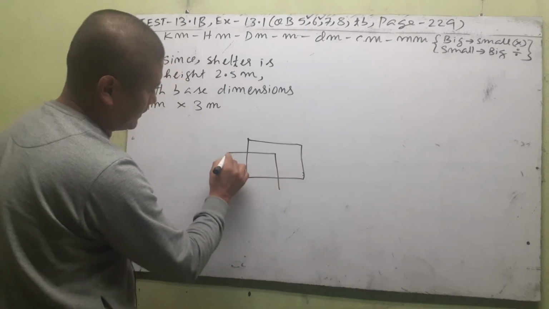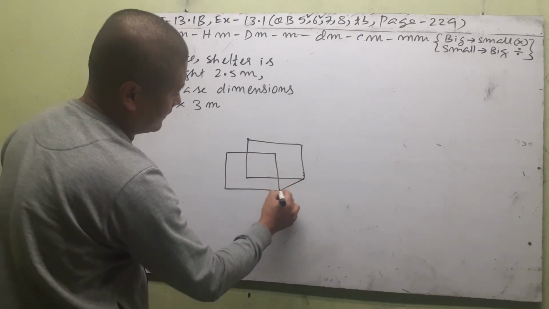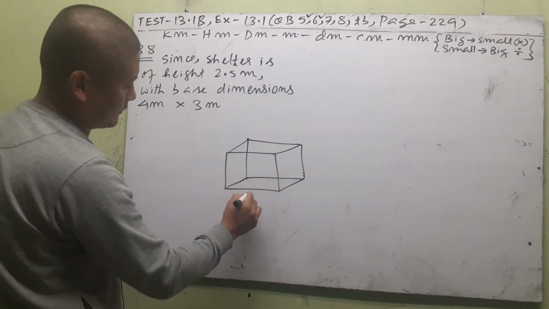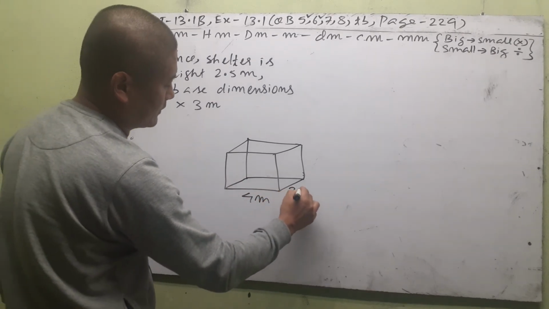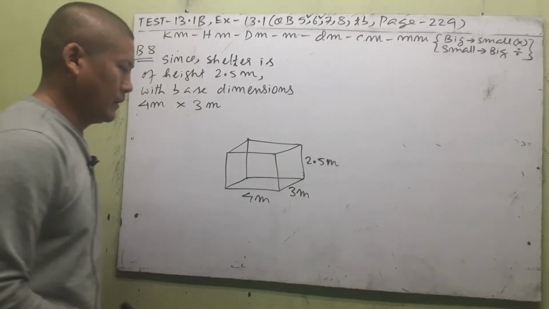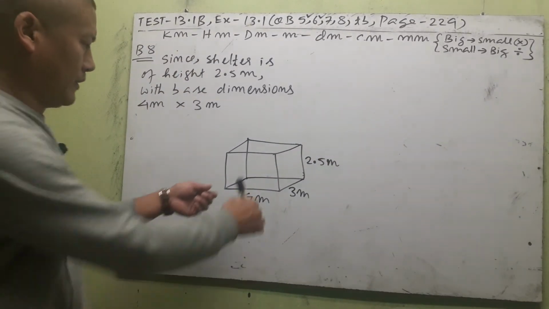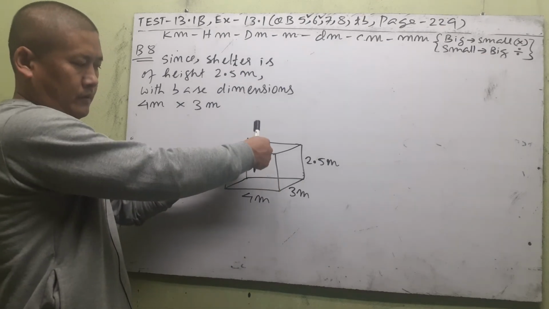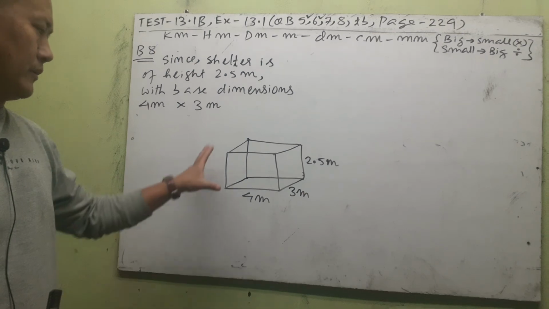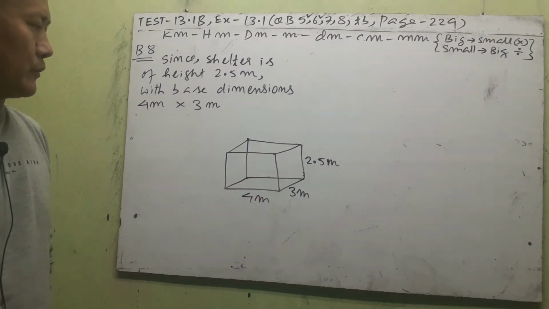So overlap it like this, and then here base is 4 meter, length into breadth 3 meter, and the height is 2.5 meter. So he wants to roll this front part, rollable, but everything else, stitching margin is negligible. So this is the area required for tarpaulin.